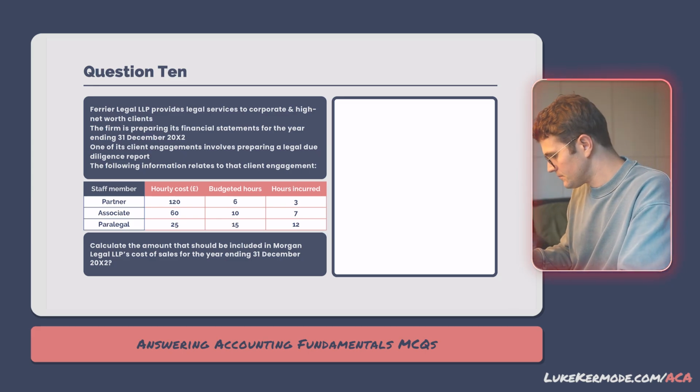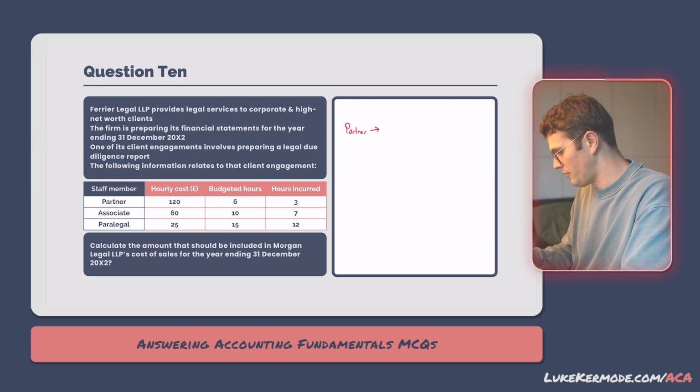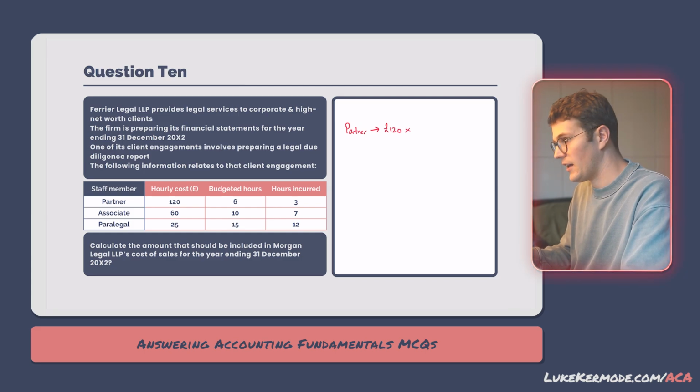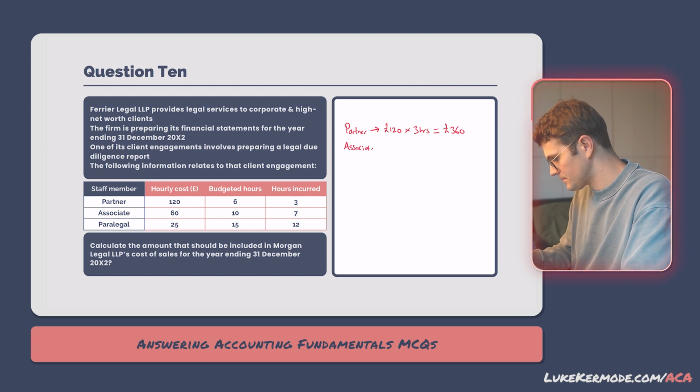So for the partner, they have an hourly rate of £120. They incurred 3 hours. Therefore, their cost is equal to £360. The associate has an hourly rate of £60. They worked for 7 hours, so their total cost is £420.